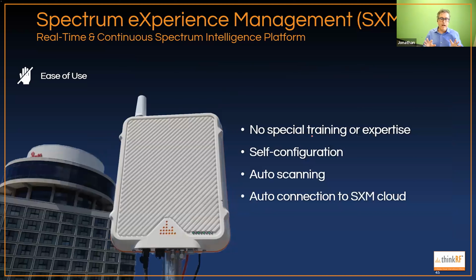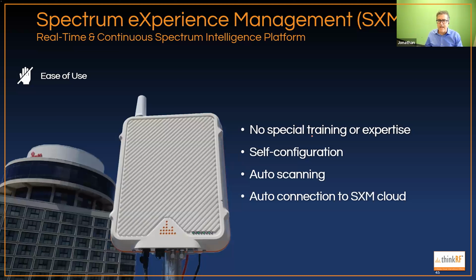There are 4 fundamental things that we tried to accomplish with this system, getting back to those challenges of RF drive tests today, or traditional approaches. The first is that it's easy to use, dead easy. No special training is required. They self-configure in the field. You plug it in, it turns on, it understands where it is, it configures itself, and it can reconfigure itself if need be, depending upon what it sees.